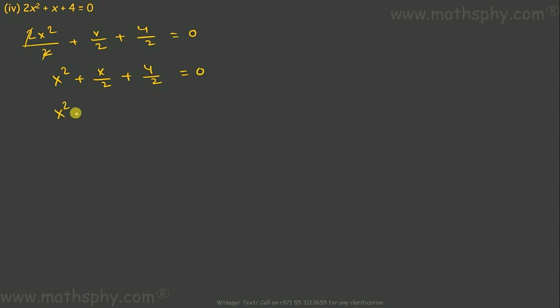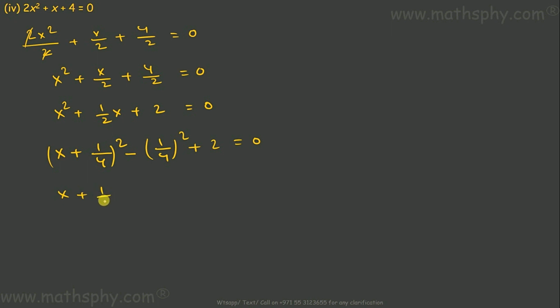So x squared plus 1 over 2x plus 2 equals 0. So this will be x plus b over 2a, means 1 over 2 into 2 is 4, whole square minus 1 over 4 whole square plus 2 equals 0. X plus 1 over 4 whole square minus 1 over 16 plus 2 equals 0.